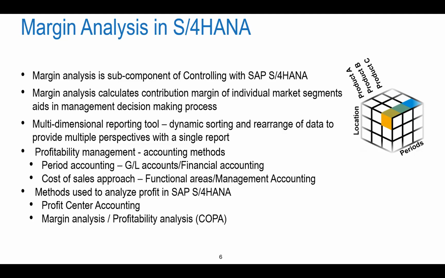And then, how to analyze profit and revenue within S4? There are two tools available within S4. One is profit center accounting, and the other is the margin analysis tool, the one we are discussing here. I would like to lay out the key differences between these two. Profit center accounting uses profit centers as master data, and you also have profit center groups.